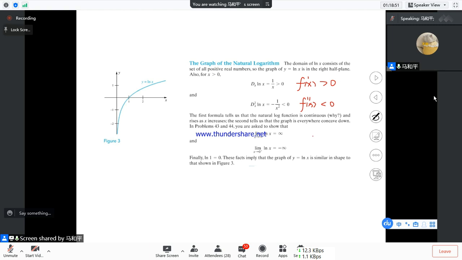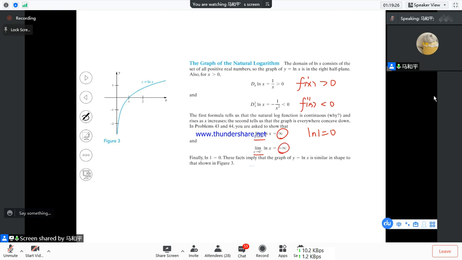And we know log 1 is 0, right? So the curve goes through the point (1, 0), and it's increasing and concave down. And we should notice that the limit as x approaches infinity of log x is infinity, and as x approaches 0 from the right, log x is negative infinity.